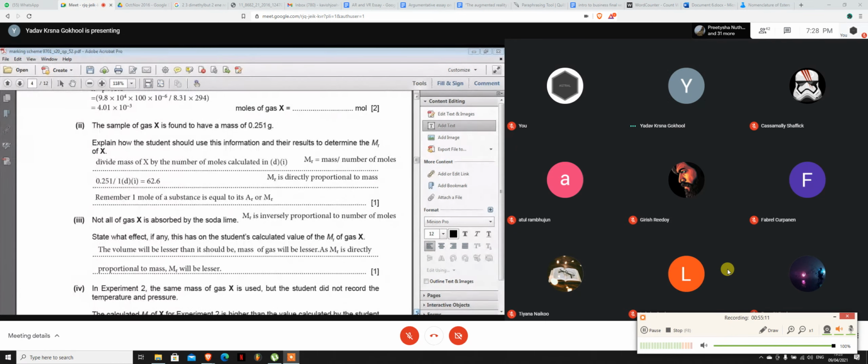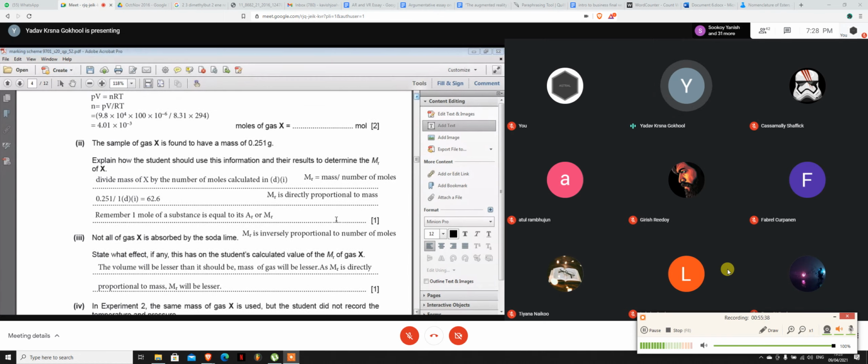To determine the MR, we have X, which is the mass. When we divide the mass by the MR, we have to find the MR. So divide the mass of X by the number of moles calculated in part D1. So MR is equal to mass upon number of moles.